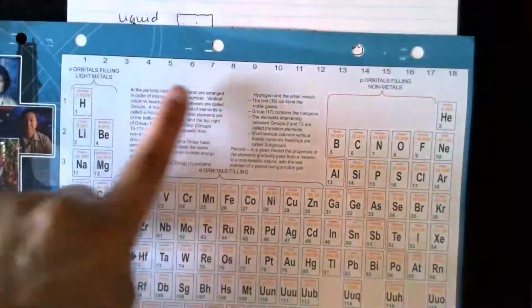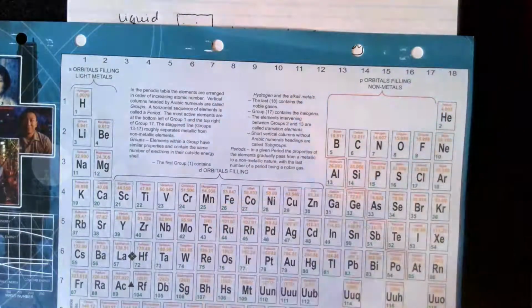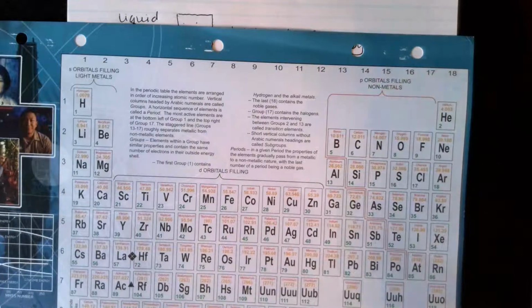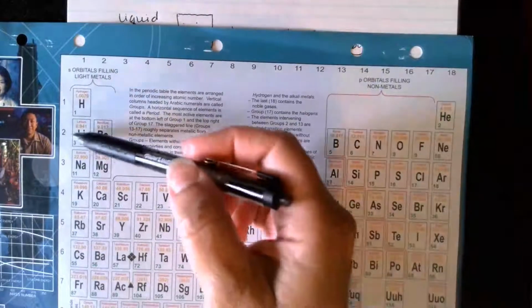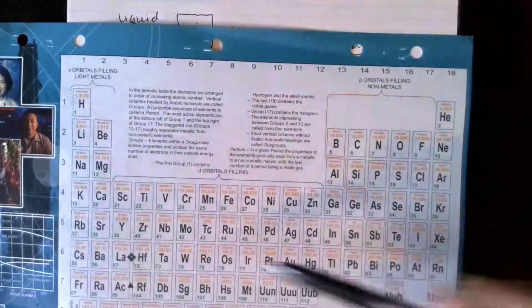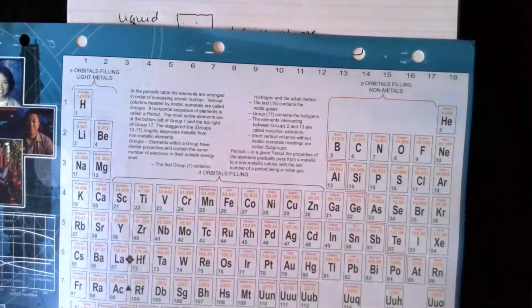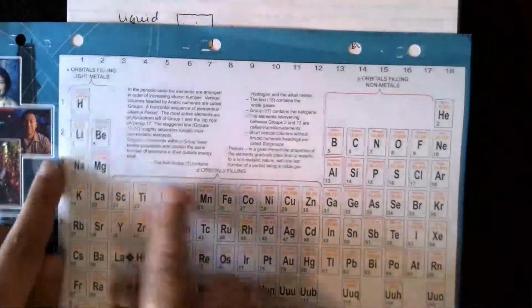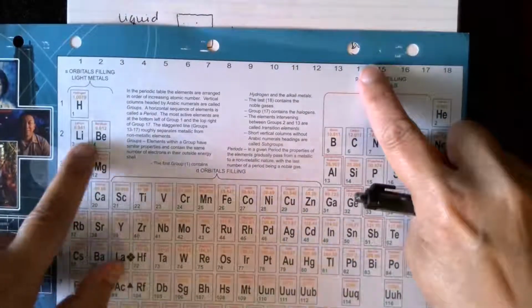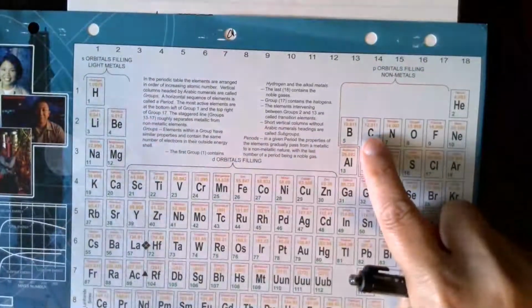So here you can see across the top there's going to be 18 groups. The groups or the families are the up and down columns, and the periods go across. So for example, if we wanted the element that was in period 2 and group 14, I would go period 2, group 14, and they would meet up with carbon.